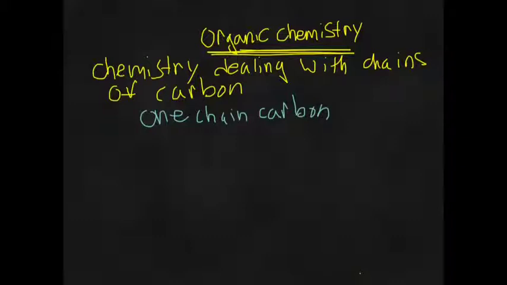We'll take C. It has 4 valence electrons. Excuse me, as always. And the best bond to bond with carbon is a hydrogen. So we'll take a hydrogen and put it there.